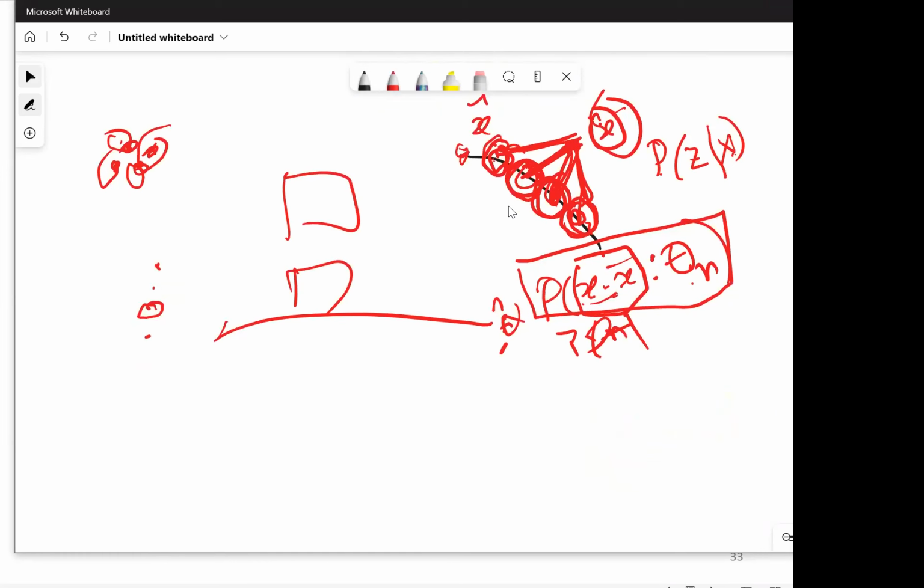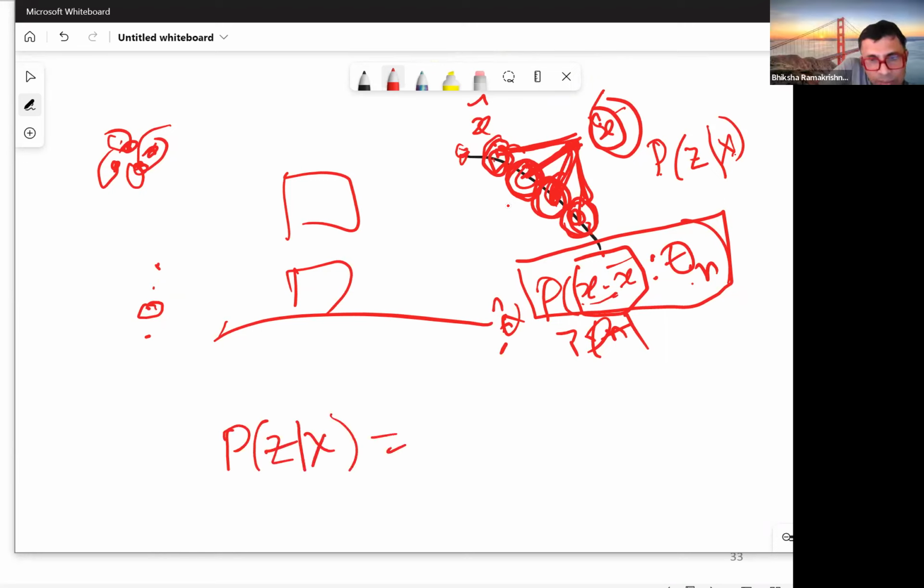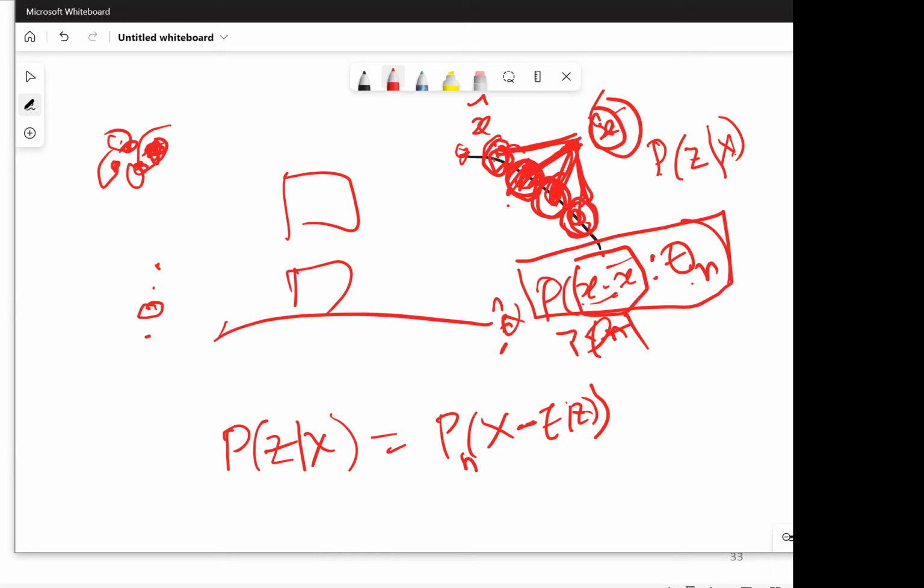Is this making sense? This is the same as saying the probability of X minus the encoding of Z on the noise distribution. What is the probability of this Z given this X? This Z became this X hat, to which you had to add this noise.